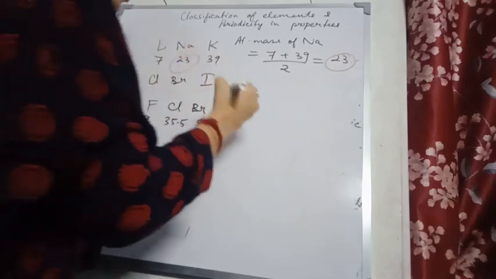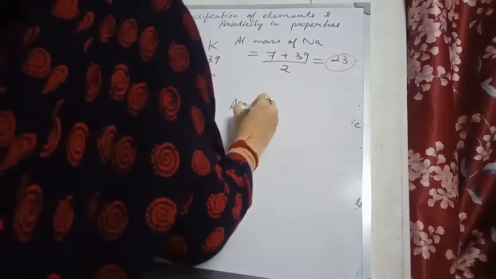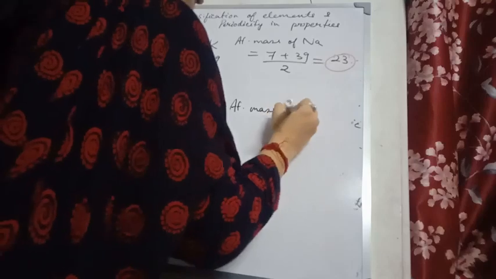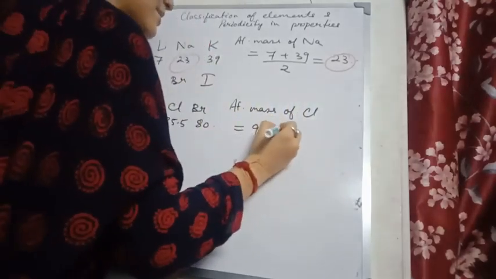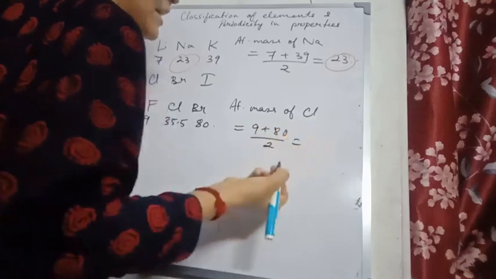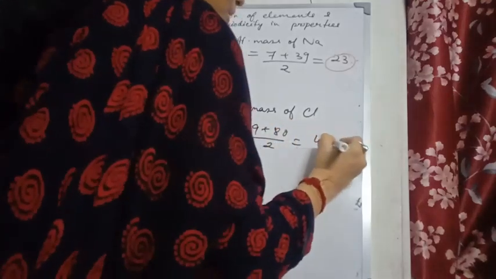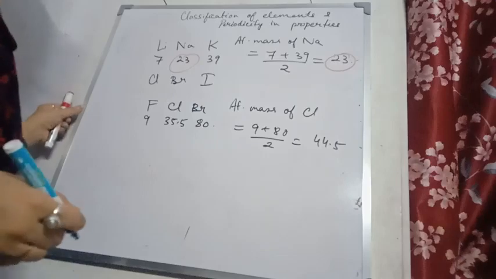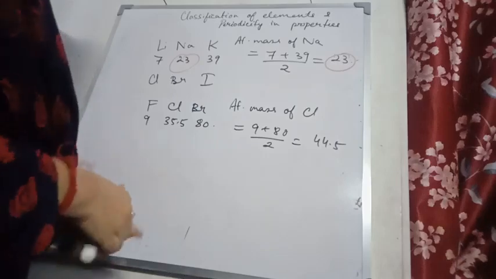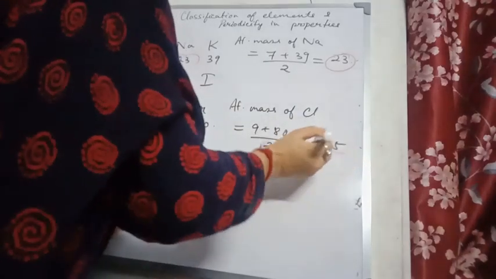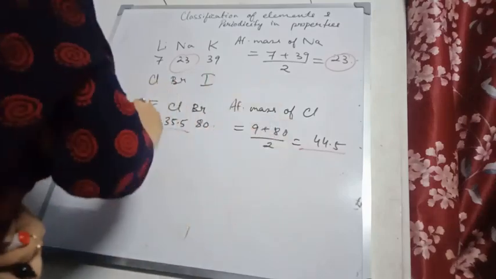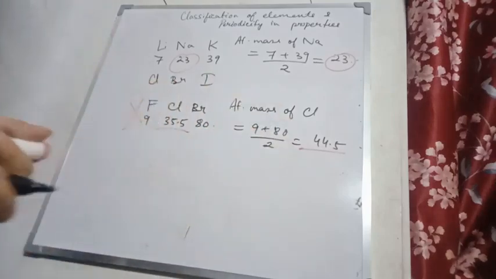Applying Dobereiner's law, the atomic mass of the middle element, chlorine, equals 9 plus 80 is 89 by 2, that is 44.5. Right? So here you see it's 35.5 versus 44.5, so it's highly variable.